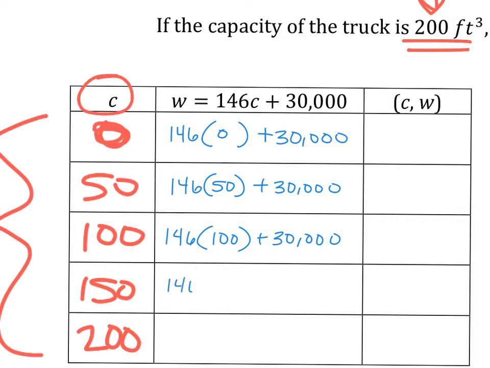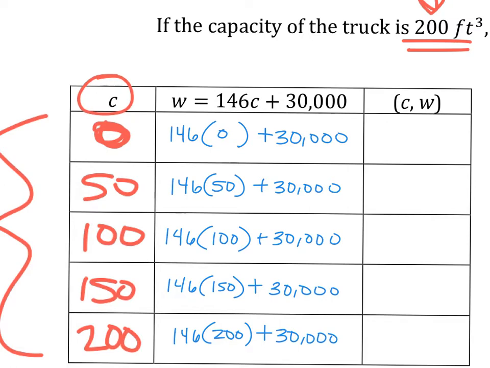Then 146 times 150 plus 30,000. And then 146 times 200 plus 30,000. So when you plug all those in, like I said, use your calculator. There is no reason you should try to do this by hand. Plug it into your calculator.